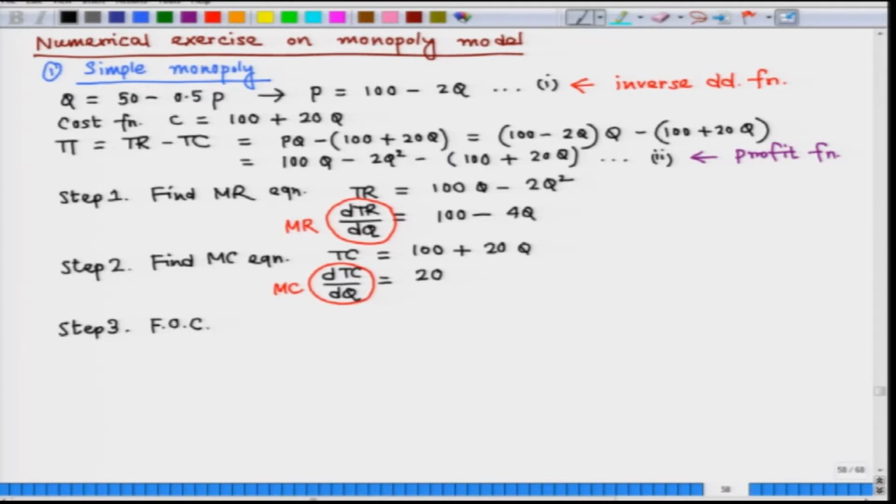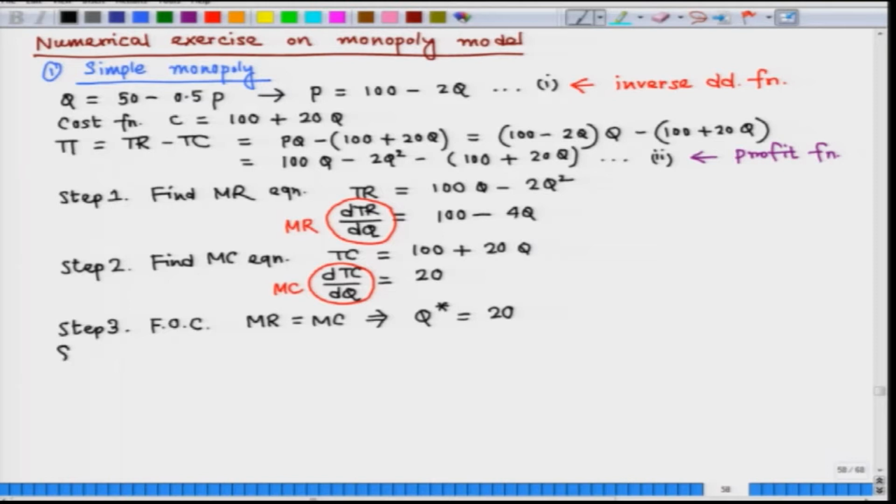So, we need to equate MR and MC expressions that we have got, and if we do so, then basically we get a value of q for which these two are equal, and that value is basically the monopolist's profit maximizing output level, and this is here q star equal to 20. Okay.